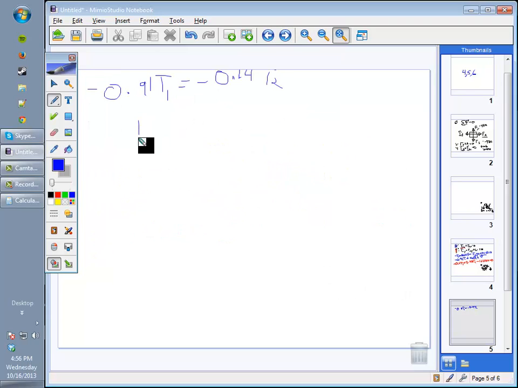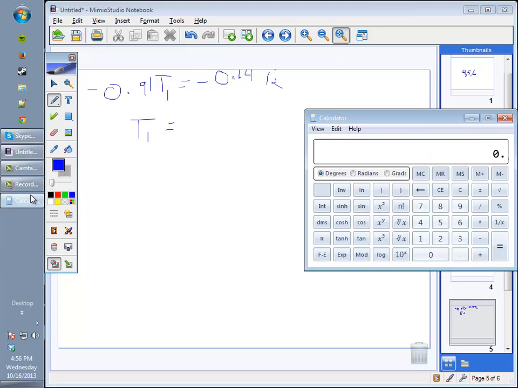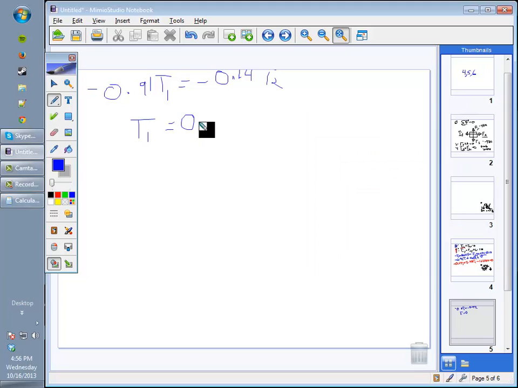And so what that gets me is T1 is equal to negative 0.14 divided by negative 0.91, which is 0.15 T2.